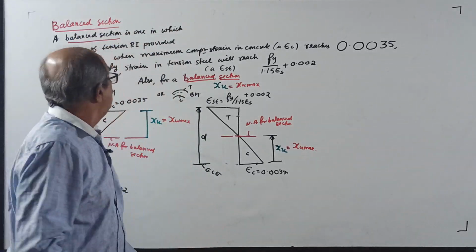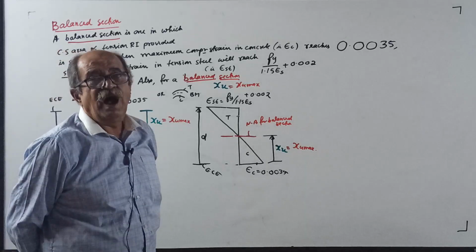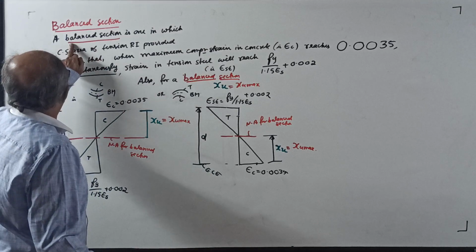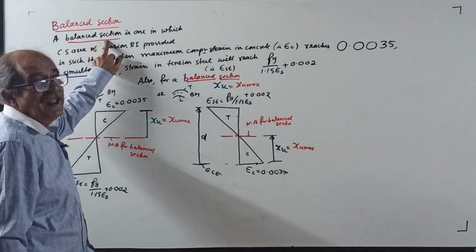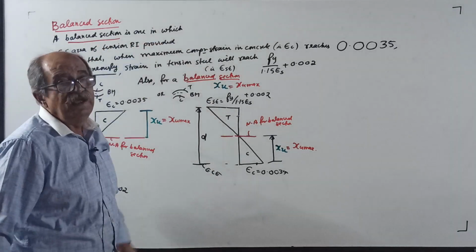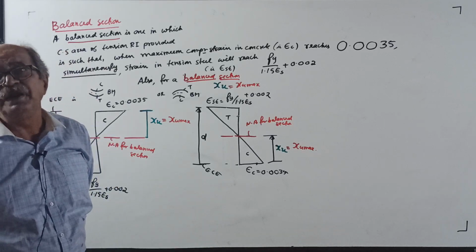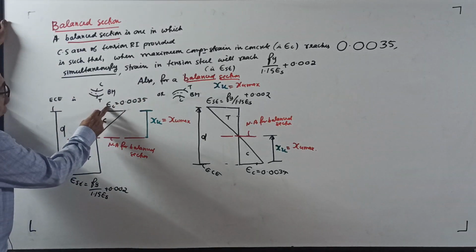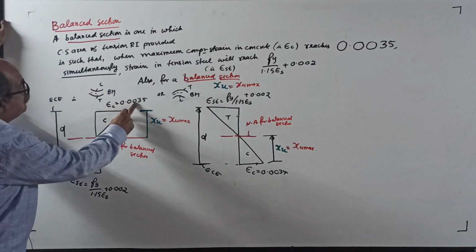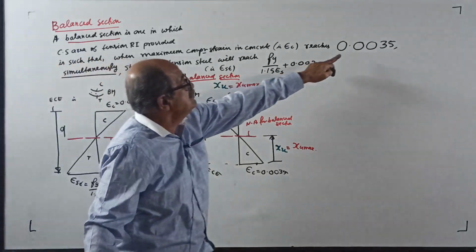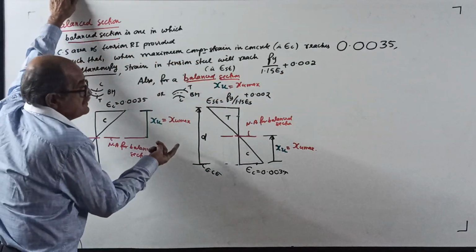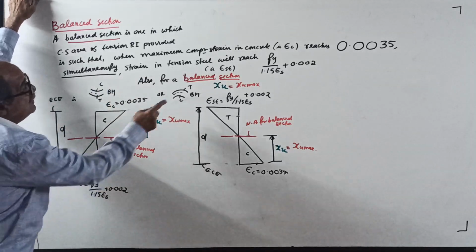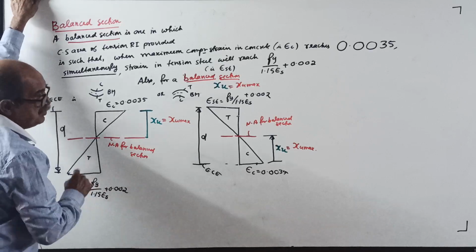Now, we will define balanced section. Under-reinforced, over-reinforced, we will define later. A balanced section is one in which the area of tension steel provided is such that when the maximum compressive strain in concrete, epsilon c, reaches 0.0035, simultaneously, at the same time, strain in tension steel will reach fy by 1.15 Es plus 0.002.